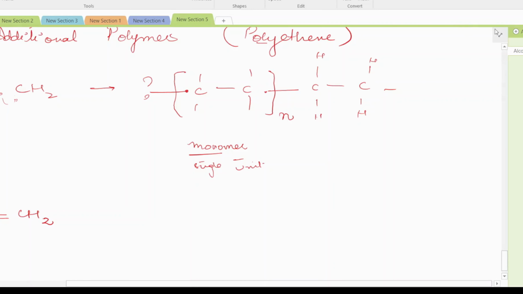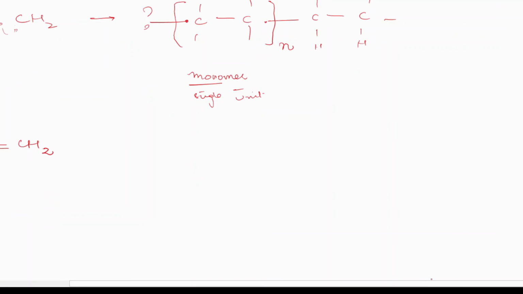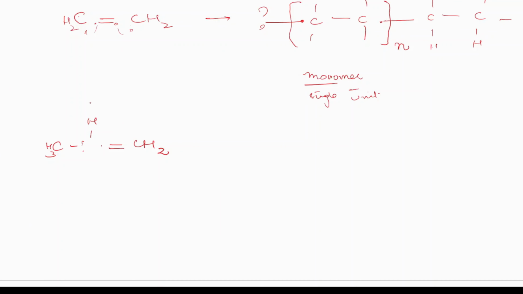Wait, propene. I want you to make a monomer. What change would there be in the monomer? Okay, make it. Now I want to see how you are going to make it.